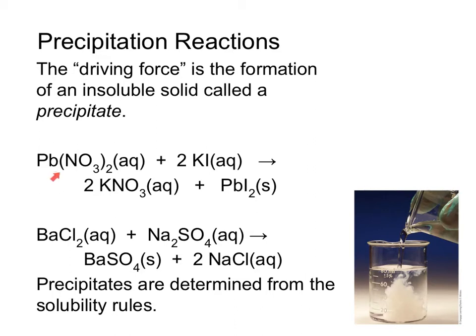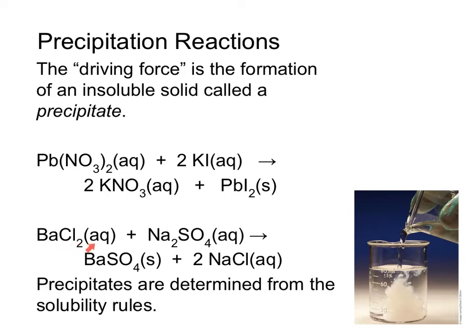If we have lead nitrate, which is soluble in water, and we have potassium iodide, which is also soluble in water, an exchange reaction will occur to form potassium nitrate, which is also soluble, but it would also form lead iodide, which is insoluble.